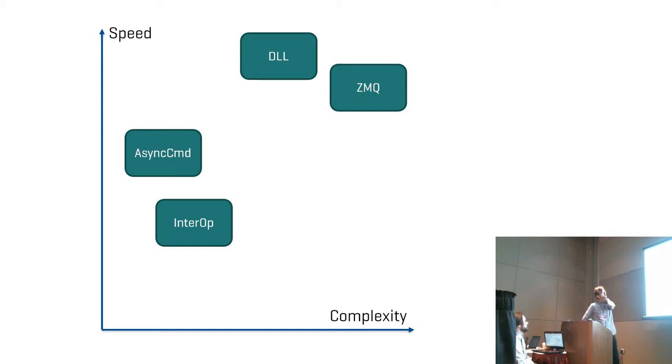And I think maybe CMQ is more complex than DLL, but I'm not sure. It depends on your DLL, I guess. Of course, I think CMD, for instance, can be pretty fast depending on what you're doing. If you're going to launch 2,000 processes, I don't think it's very good because process starting is in itself a little bit slow on Windows.